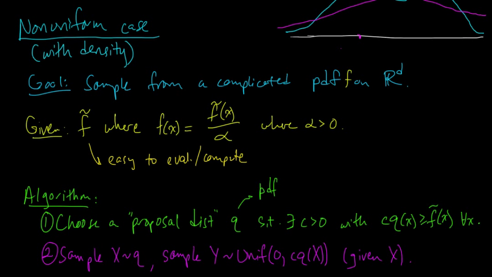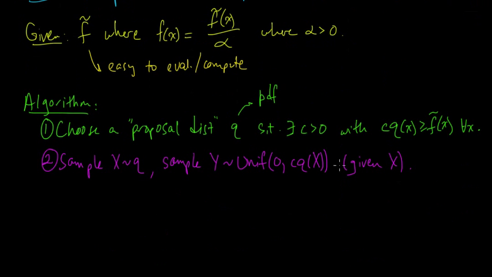And the third step is the rejection step, the possible rejection step. We'll be rejecting depending on what happens with y here.